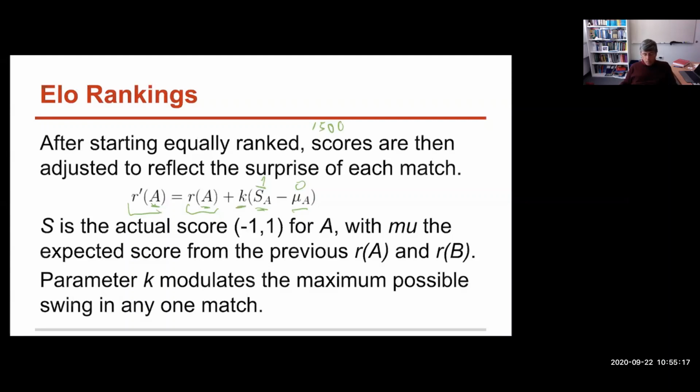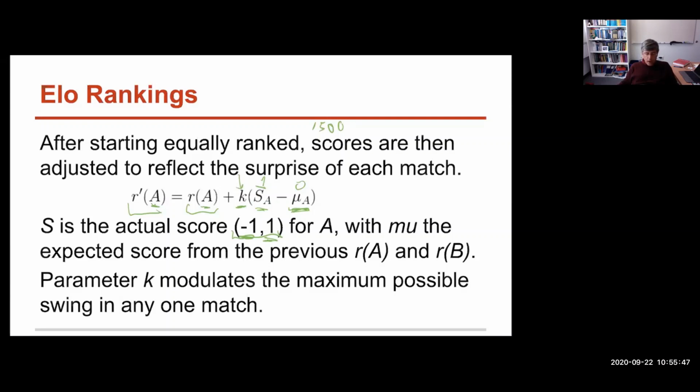In general, we're going to have S sub A is the score of the actual comparison. Minus 1 means that A lost, plus 1 means A won, and this is the expected result, okay? This parameter K modulates how much the ranking should swing, okay, on the basis of one match. Any questions about that?